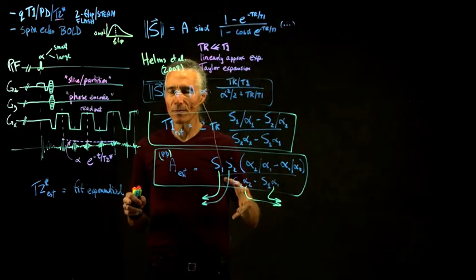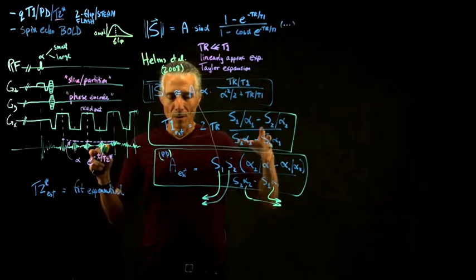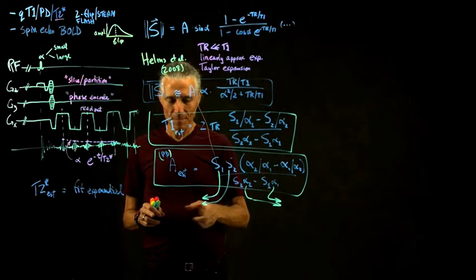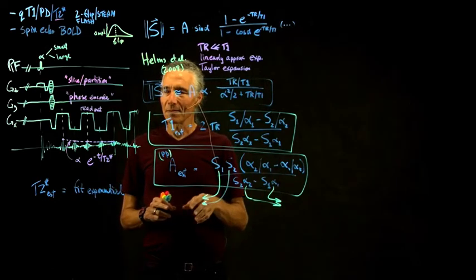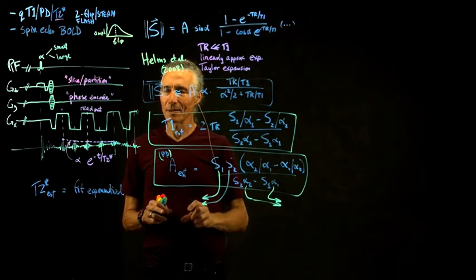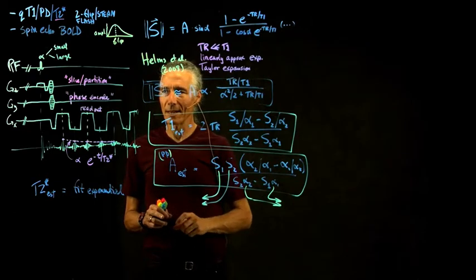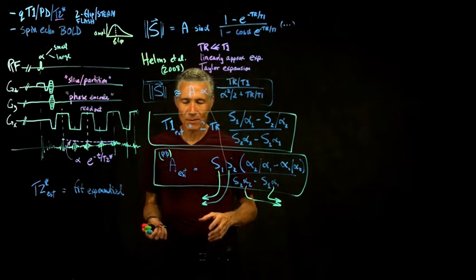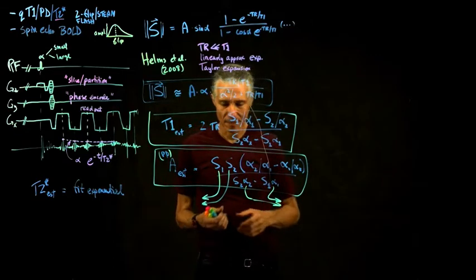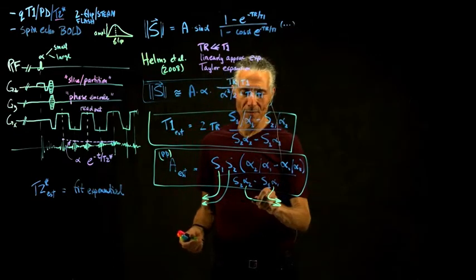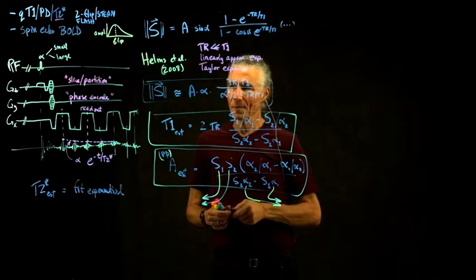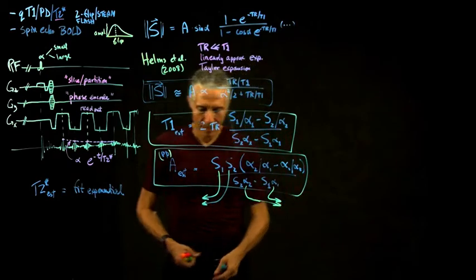The body coil is quite uniform in its pickup, but when it sends something into the head, it resonates differently in the head, so the actual flip angle you get, the B1 transmit field, is effectively different in different parts of the head. So we need some way of estimating the B1 transmit angle.